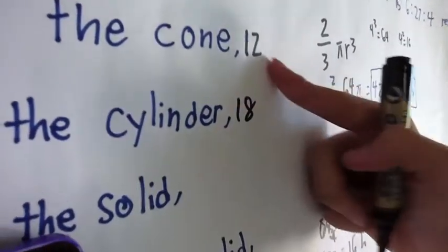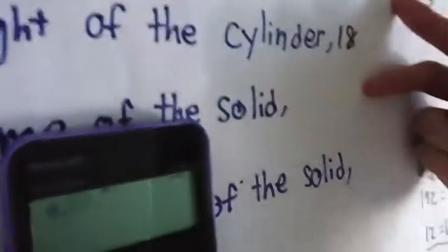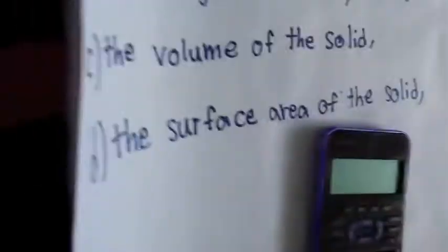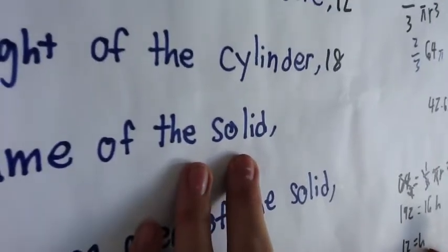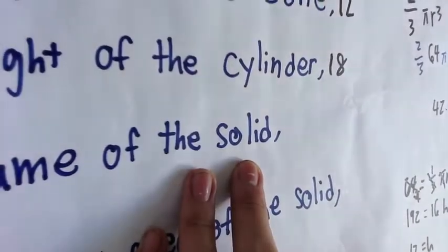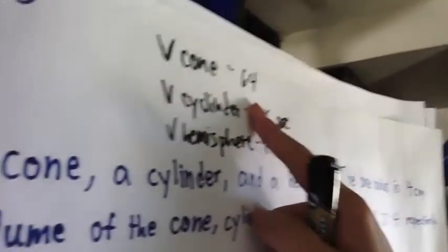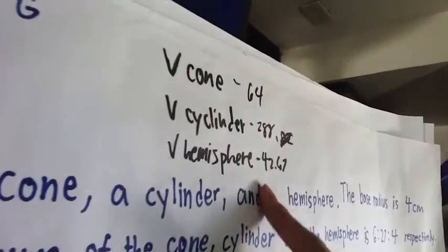Now we found the height of the cone and the height of the cylinder, which we will need later to find the surface area of the whole solid. Now, to find the volume of the solid, all we have to do is add the volume of the cone, the volume of the cylinder, and the volume of the hemisphere.